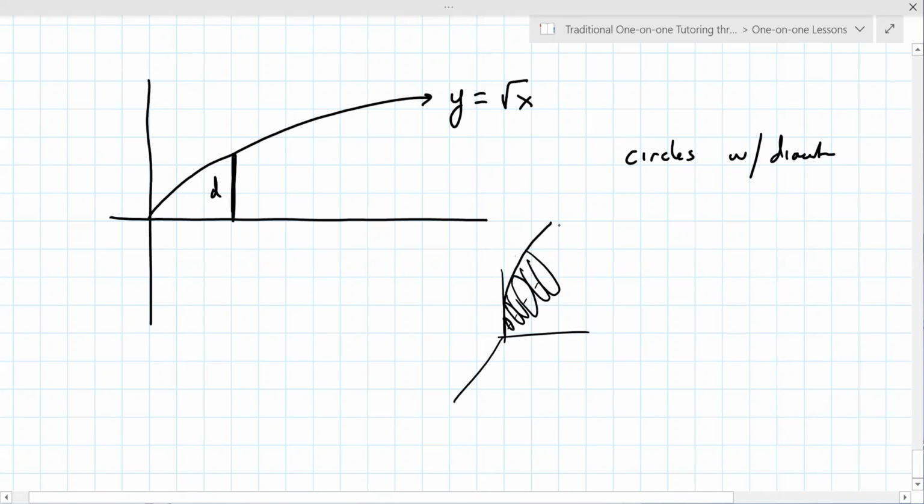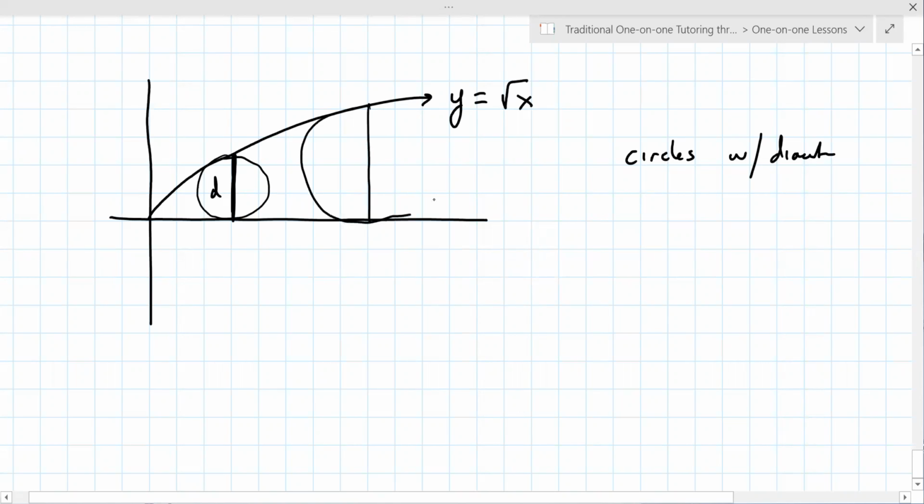The circle looks like this, and then this circle here, which is really hard to draw. They're like popping out of the screen. Don't like that. Let's try something different. These are hard to draw.